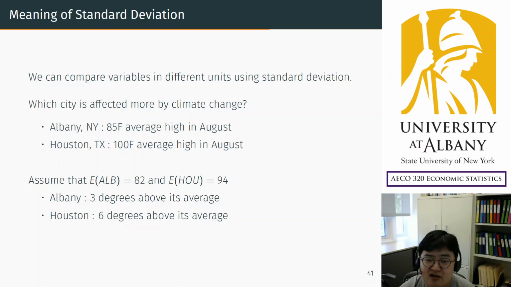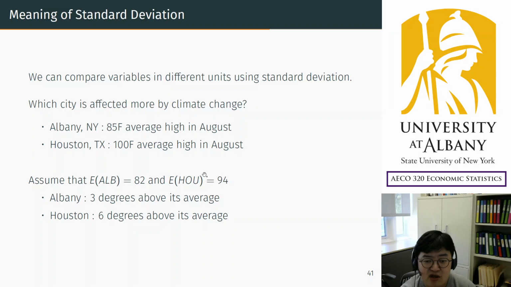I am asking about the climate change relative to the usual. So, I will assume that in the past, say, past 100 years, we know that the average high temperature in August in Albany was 82 degrees and Houston 94 degrees.